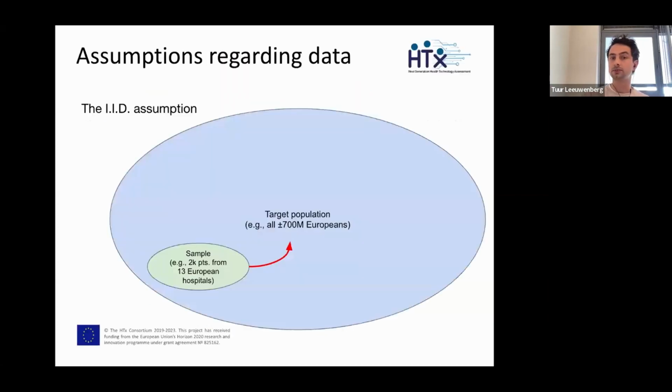And one of the assumptions that is almost always assumed is the IID assumption.